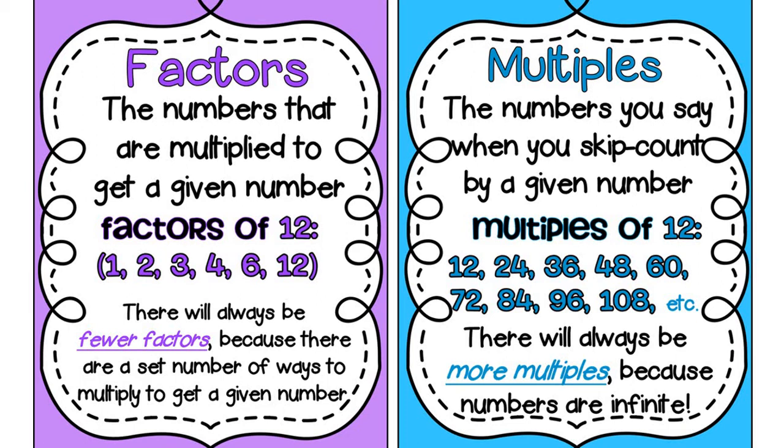So the factor is always going to be smaller than or equal to the number itself, and the multiple should be more than the number itself. We're starting from 12, and each time we are skip counting by 12, so we are adding 12 each time if I'm talking about the multiples of 12, for example.